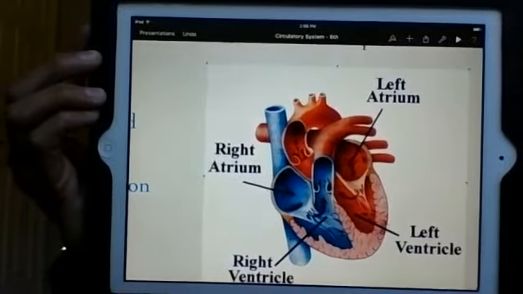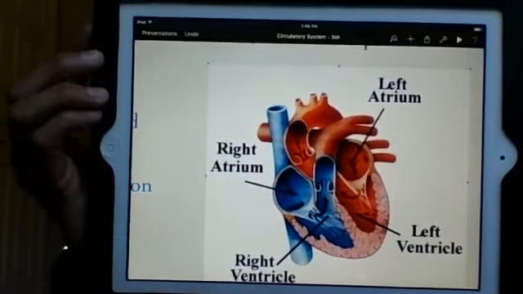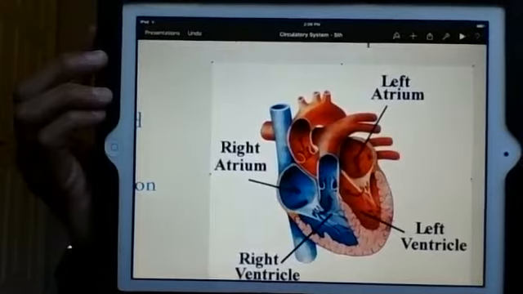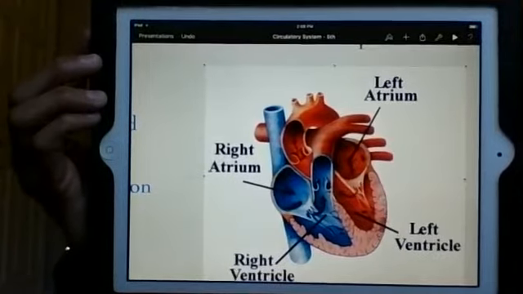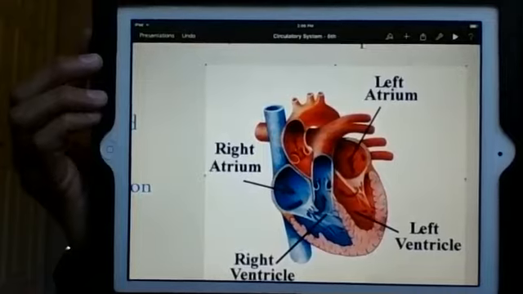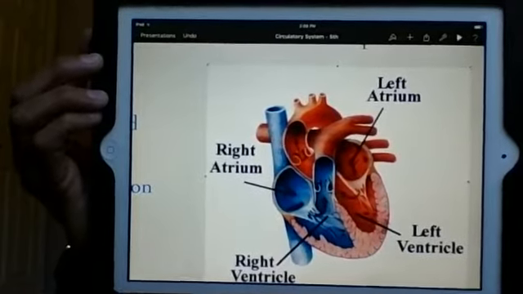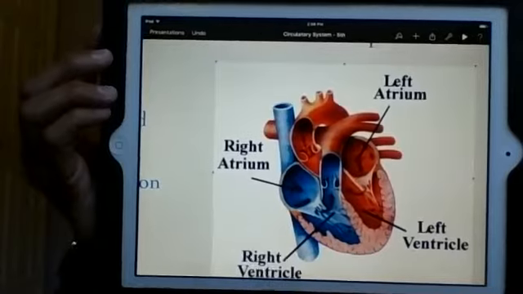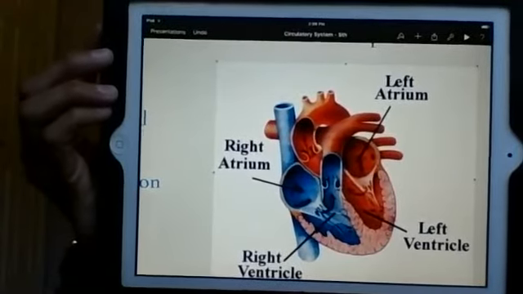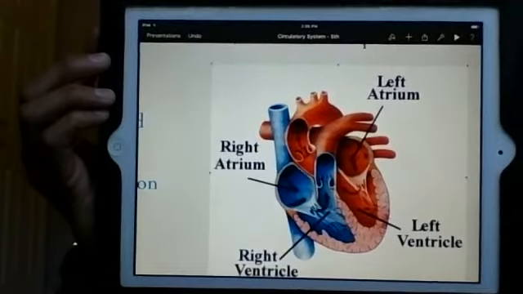Now, atrium, the 2 at the top, is a Latin word. If you walk into a really big building and the foyer or entryway has a really high ceiling, it's called an atria. It's the same thing in our hearts. It's like the very top dome of our heart. So we have 2 atrium and then we have 2 ventricles at the bottom.